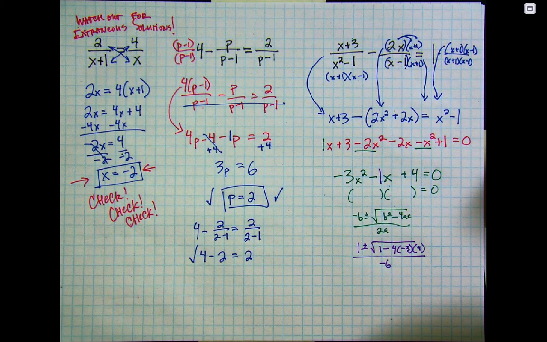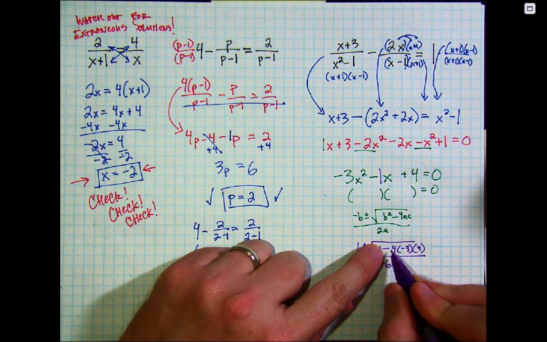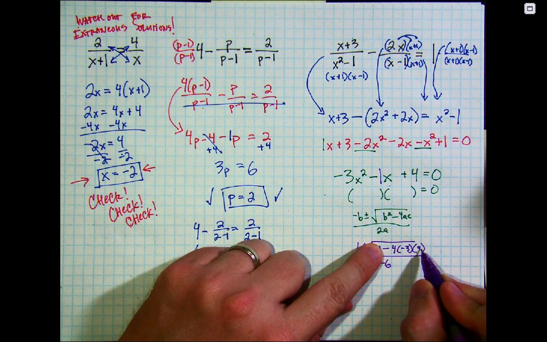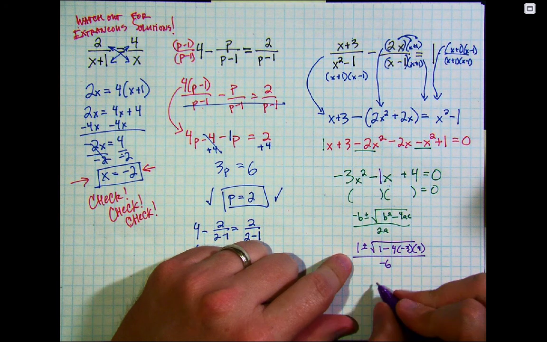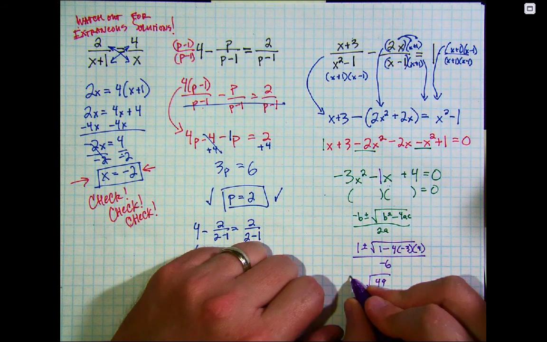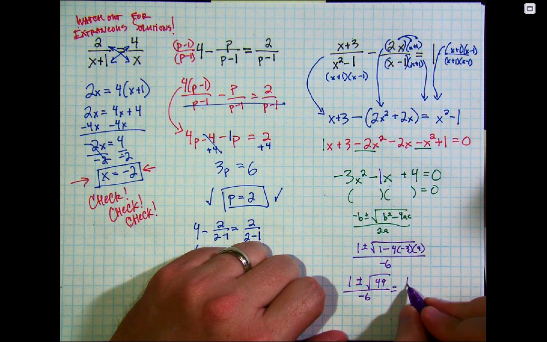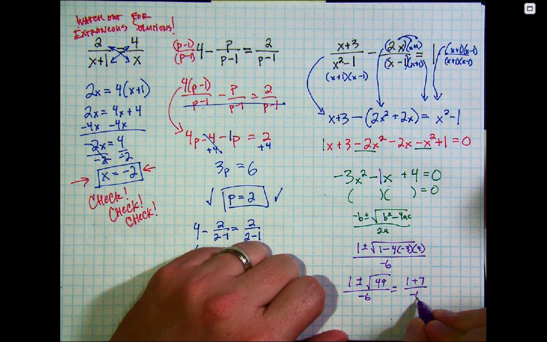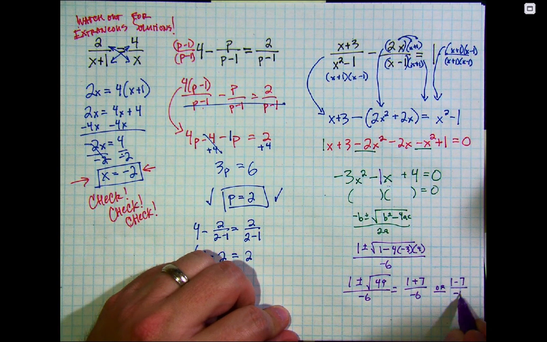Whew, okay, so minus 4 times negative 3 is plus 12, times 4 is plus 48. 1 plus 48 is 49, yay! That's square rootable. So this is really 1 plus 7 over negative 6, or 1 minus 7 over negative 6.